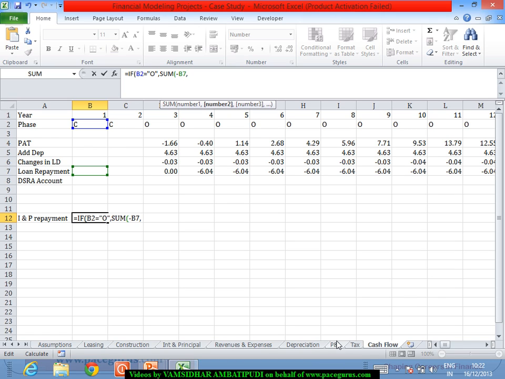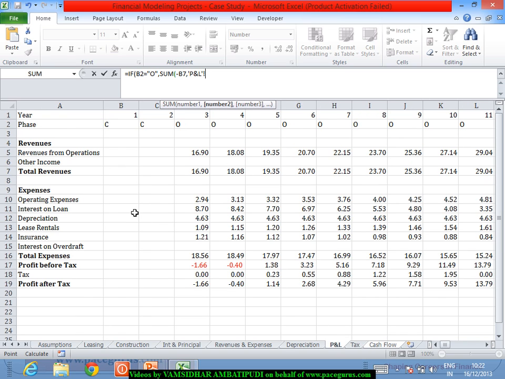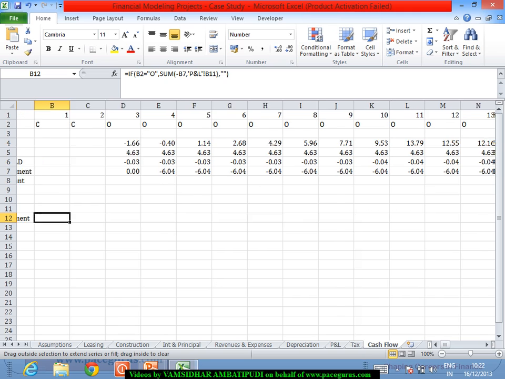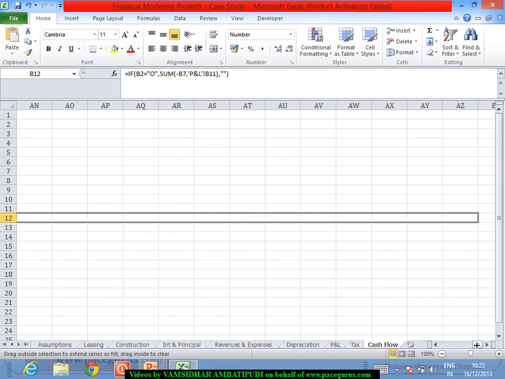Interest is coming out from my P&L statement. So these two put together update the amount that I have to pay every year towards the interest as well as principal repayment. So this number is coming out as the amount.